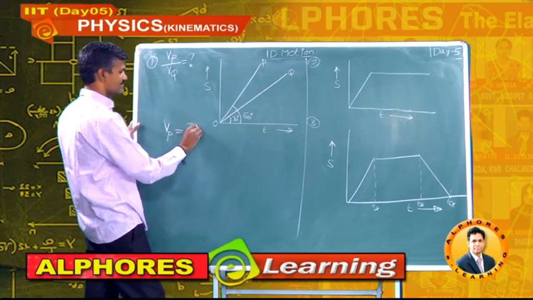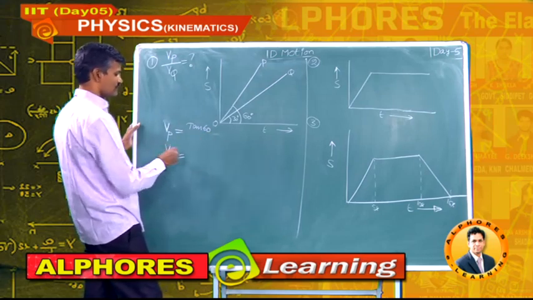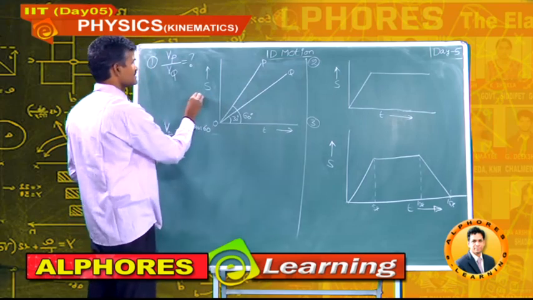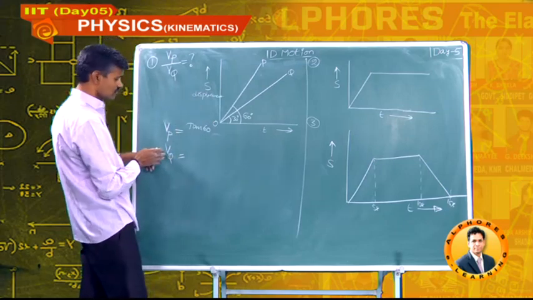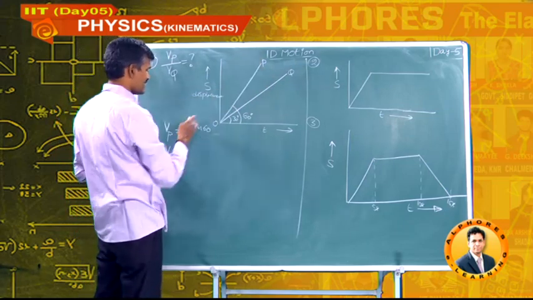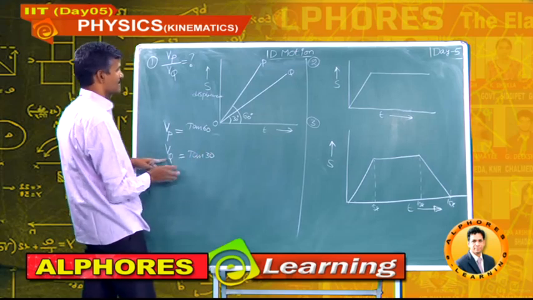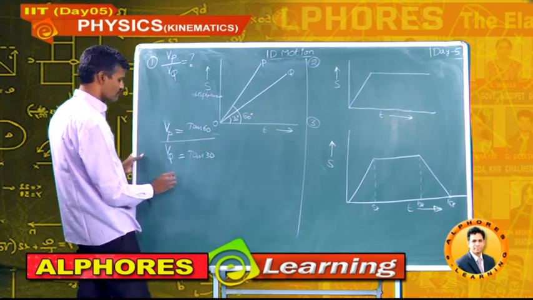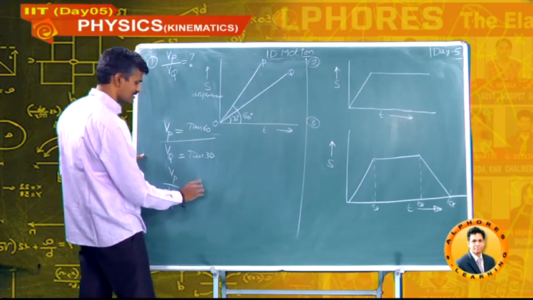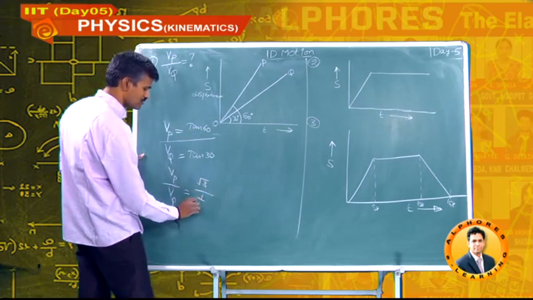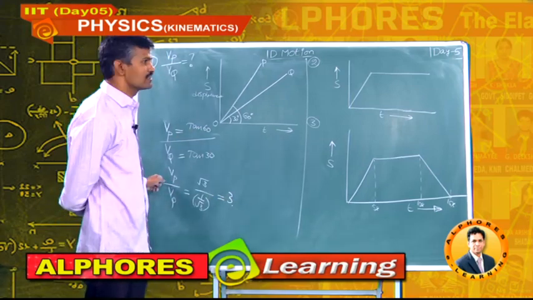Similarly, for particle Q, note that this is displacement, not distance. The velocity of particle P is tan 60, and the velocity of particle Q is tan 30. On dividing, Vp by Vq is tan 60, root 3, by tan 30, 1 by root 3, which equals 3.